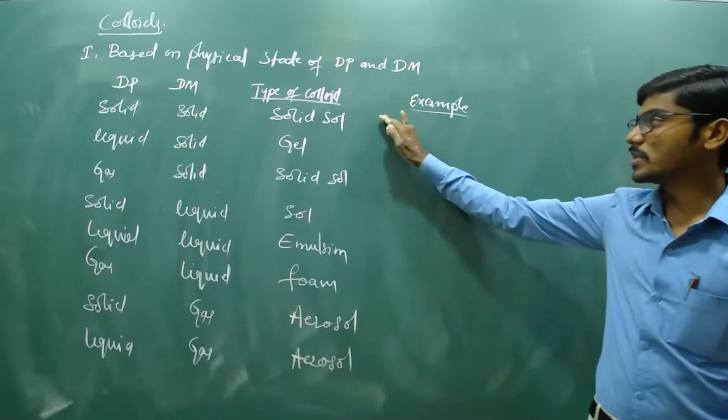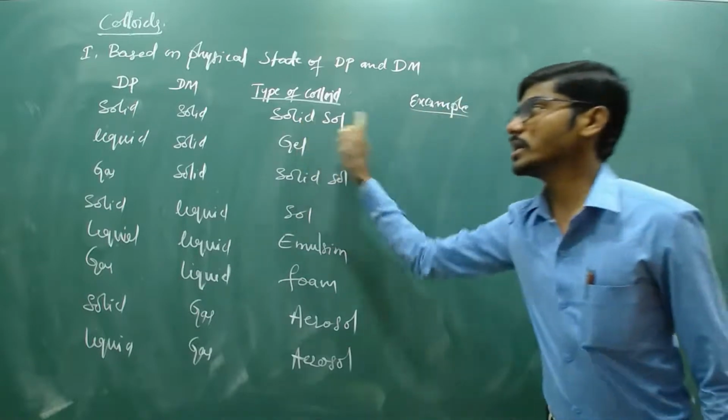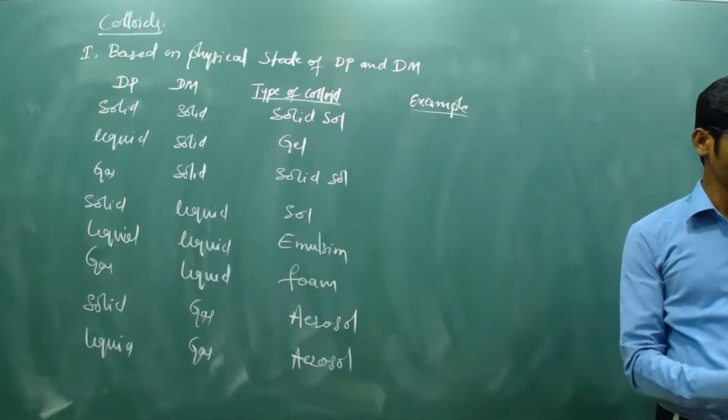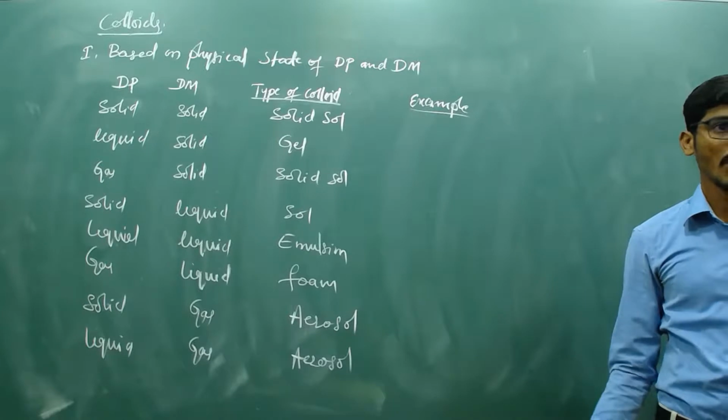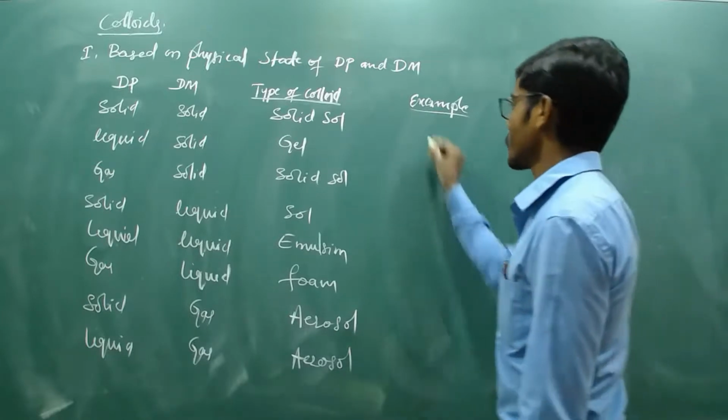So please note some of the examples. Solid in solid: generally alloys and colored glasses.